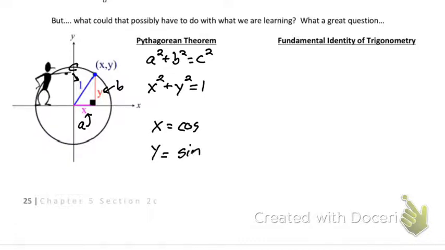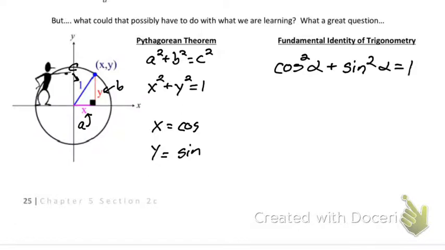So I'm going to do one more substitution. That'll be our fundamental identity of trigonometry. Our fundamental identity is cosine squared alpha plus sine squared alpha equals 1. Don't be afraid of the alpha.